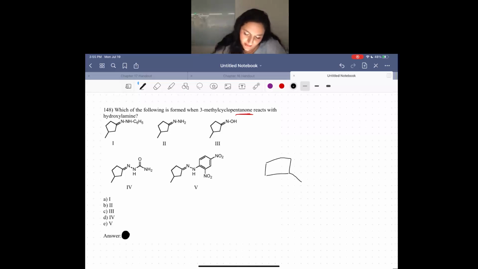So I'm going to choose this to be carbon 1. So we have a ketone. And nope, I lied to you, I'm so sorry. We have a ketone, and then on carbon 3, we have a methyl.